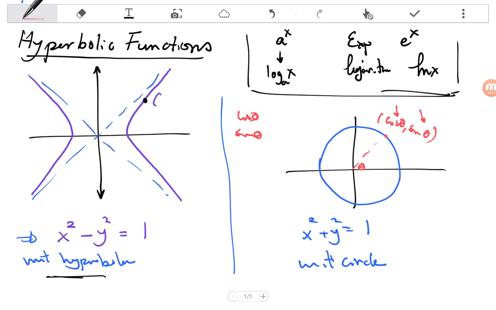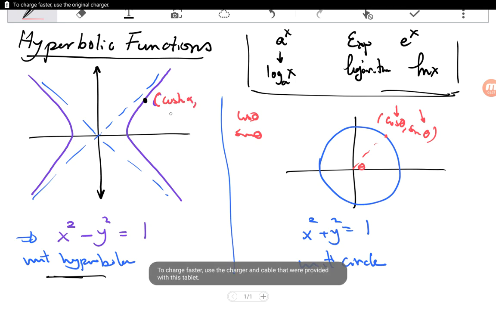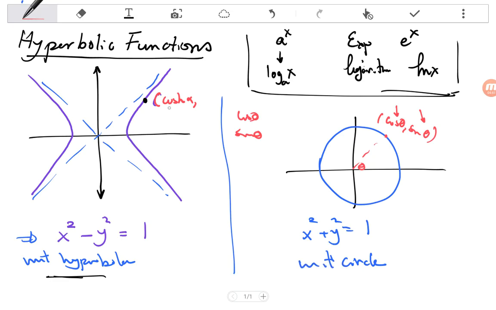Okay, so we will define them like this. We say that this is cosh alpha. Note how it is pronounced: cosine alpha, or in some universities it is cosh. Cosh is cosine hyperbolic. The h corresponds to the word hyperbolic. And we have sinh alpha.